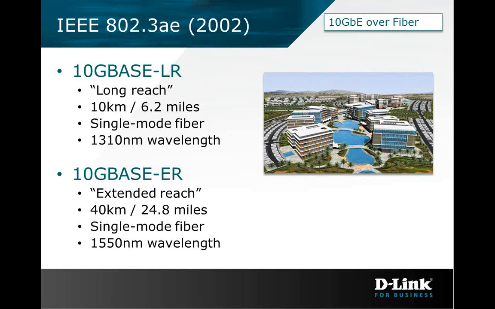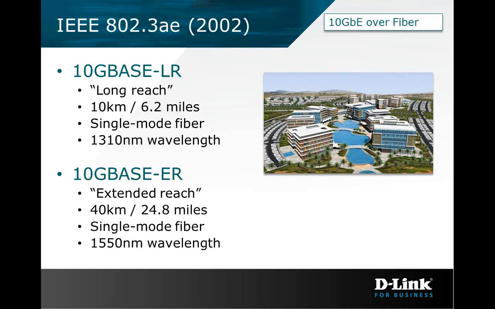We're using a 1310 nanometer wavelength, going over single mode fiber, but we're getting roughly 10 kilometers, 6 miles. So again, very appropriate for a telephone company that needs to go long distance. Certainly even more appropriate, the 10G base ER, as you can see with 1550 nanometers, reaching almost 25 miles.